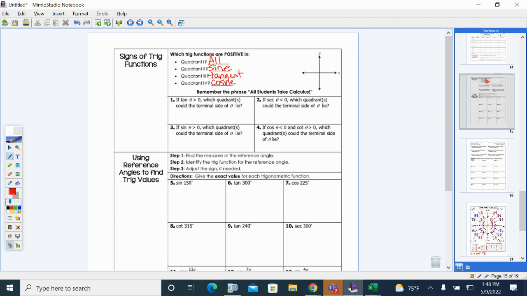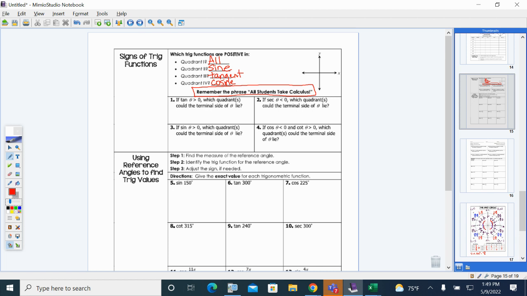X is your cosine, y is your sine, and x is positive in quadrant 4. So in the bold black here, it says, remember the phrase, all students take calculus. And that just kind of helps you remember. In quadrant 1, all of them are positive. And in quadrant 2, your sine is positive. Quadrant 3, tangent is positive. And in quadrant 4, cosine is positive.